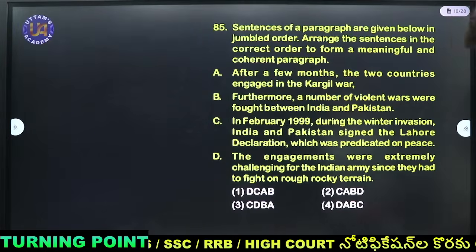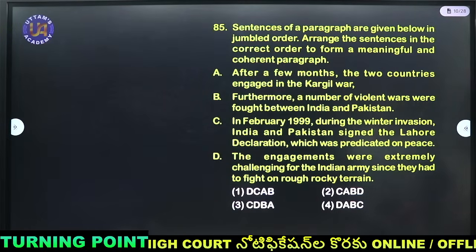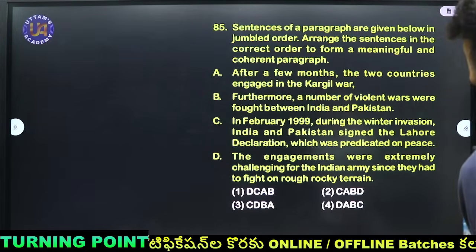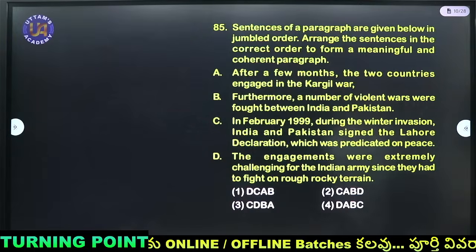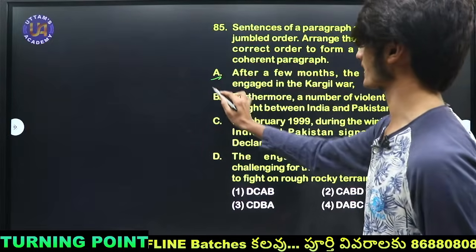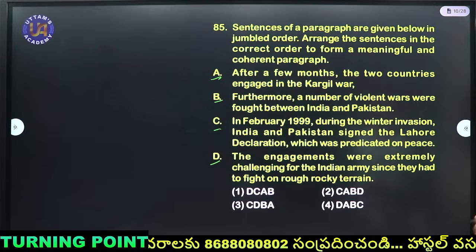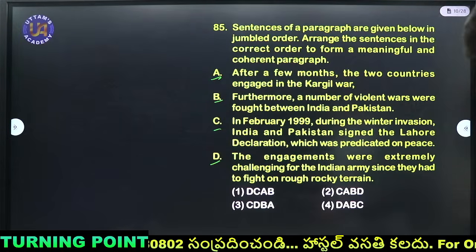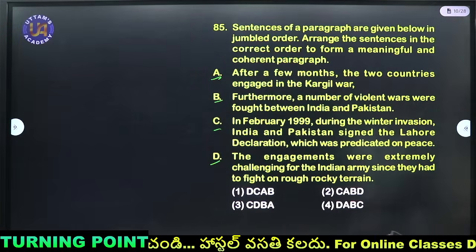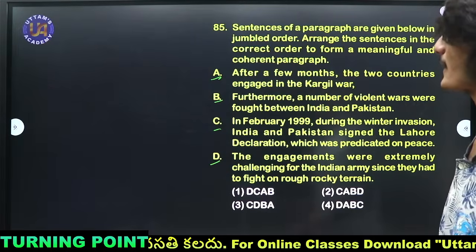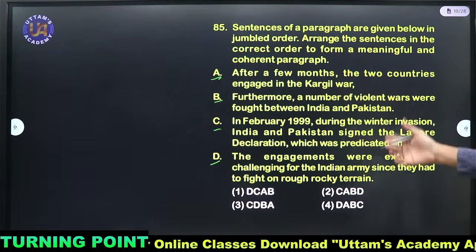The engagements were extremely challenging for the Indian Army since they had to fight on rough, rocky terrain. Among these four options, first let us find the introduction part, or parajumble. I request everyone to find the introduction of this given paragraph.